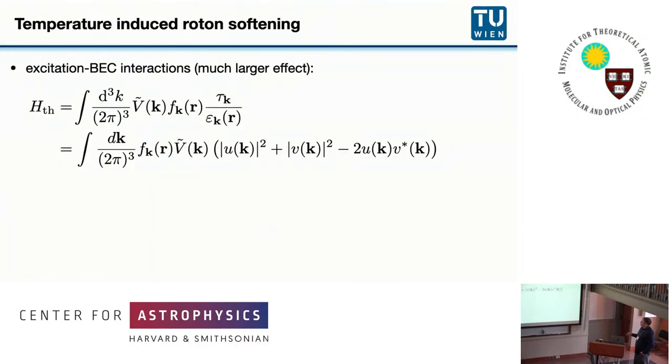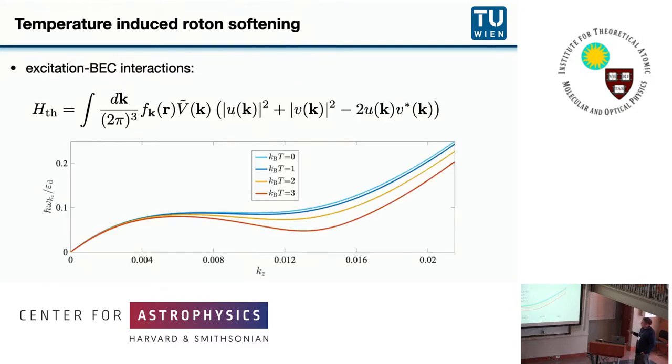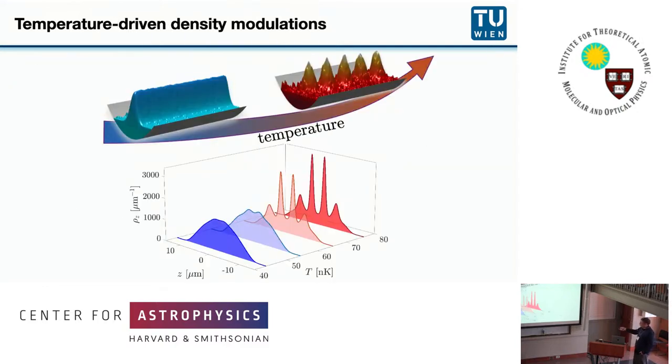And in our case, this simply doesn't play a big role for the helium physics, so our interactions are in a sense one order higher, right? It's the interaction of excitations with the BEC, not interactions between excitations. Because of that, you can easily get to the regime where temperature is driving these photon instabilities and is actually driving the formation of structure, which is thermodynamically kind of unusual, kind of surprising.